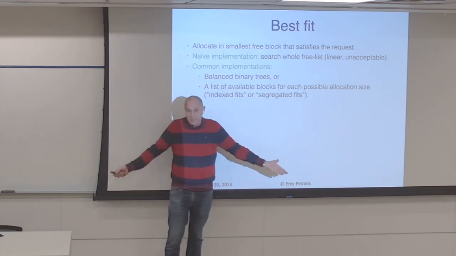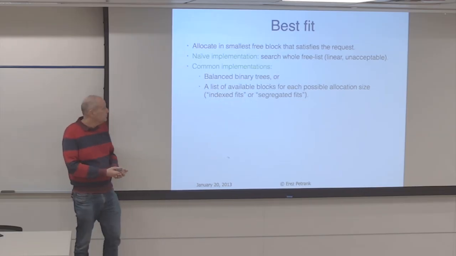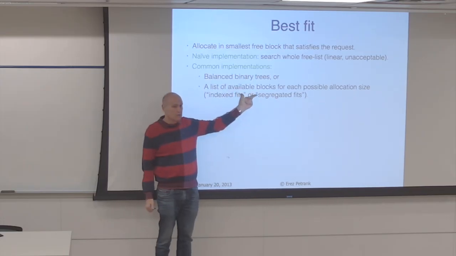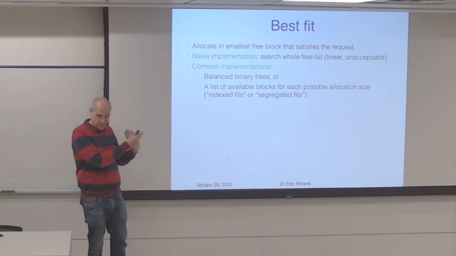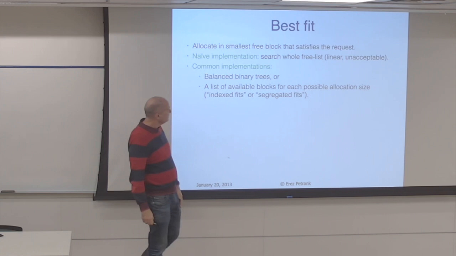You could use a binary tree if you like to look for the space you need, or what is usually done is a list of available blocks for each possible size. So we'll talk more about this because this is really used in practice. I'll not elaborate now.